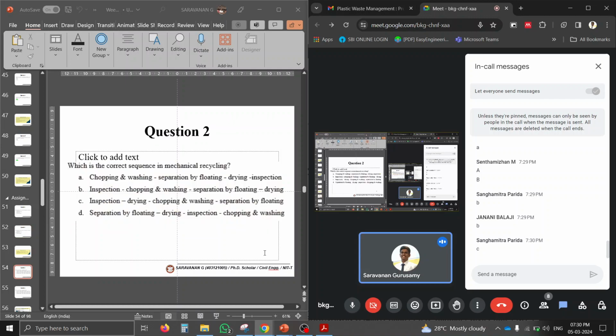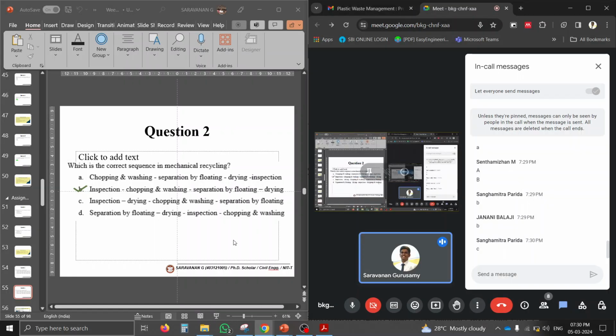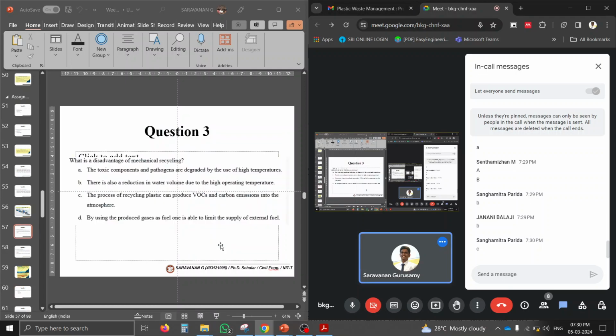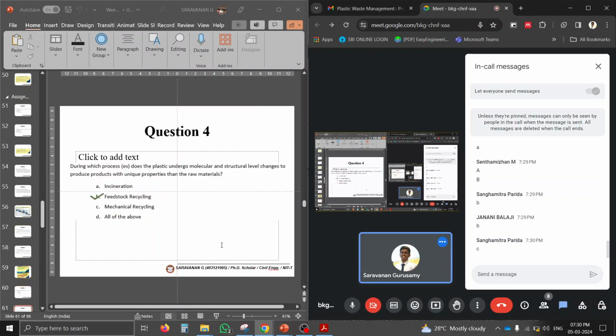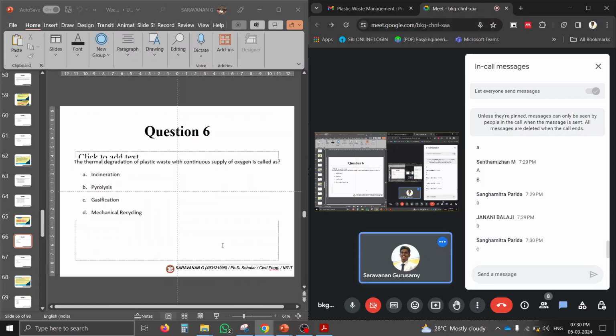Then the correct sequence in mechanical recycling. We have already discussed it: inspection, shredding, separation, then drying. And we have discussed which requires continuous supply of oxygen. What we have discussed is which does not require continuous supply of oxygen; that is pyrolysis, in the absence of oxygen.